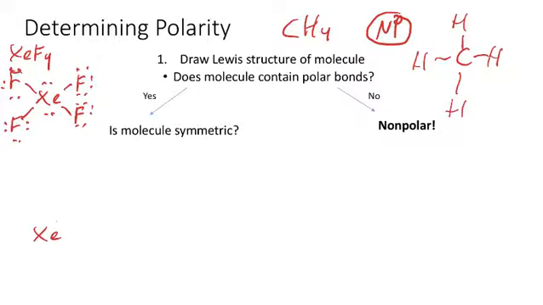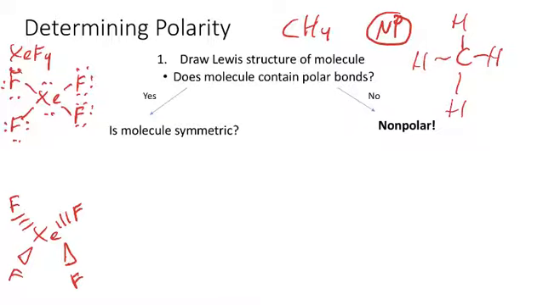The top 2 fluorines are thought to be going into the plane of the screen, and we use these dashes to indicate that as a convention in chemistry. The bottom 2 fluorines are thought to be coming out of the screen at us, and so we use these solid wedges to demonstrate that.